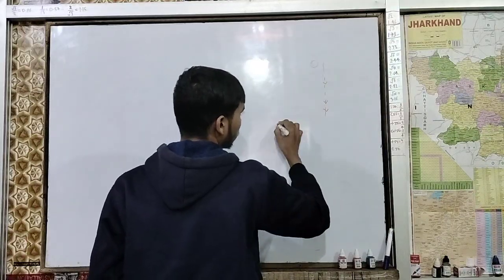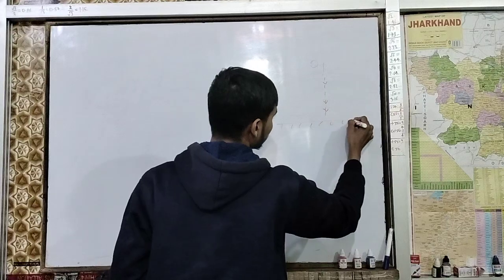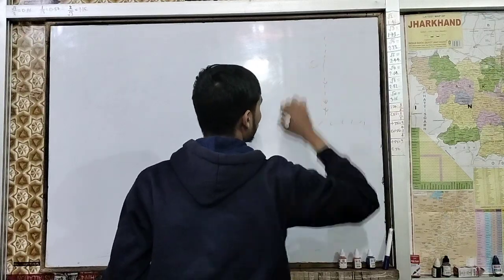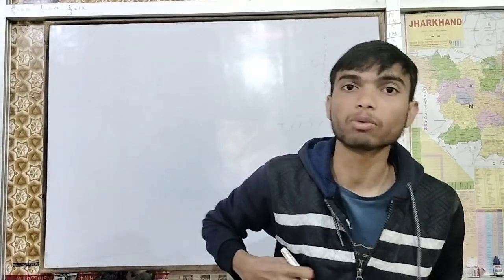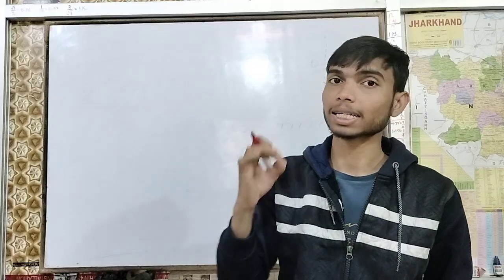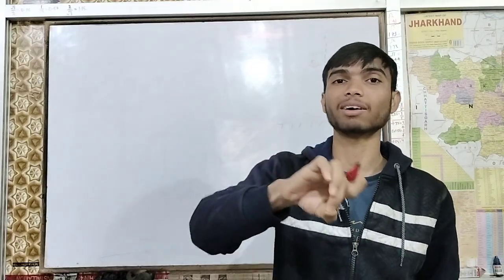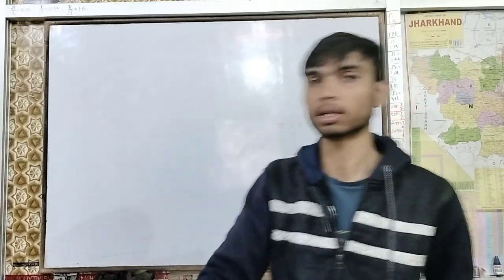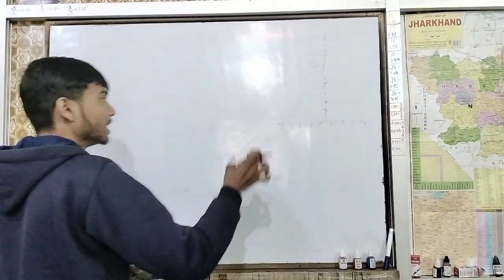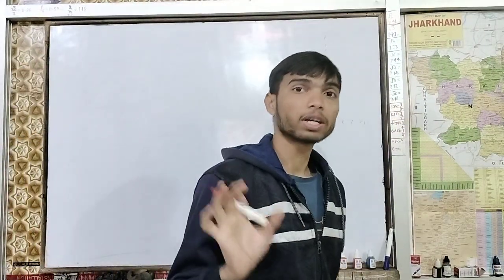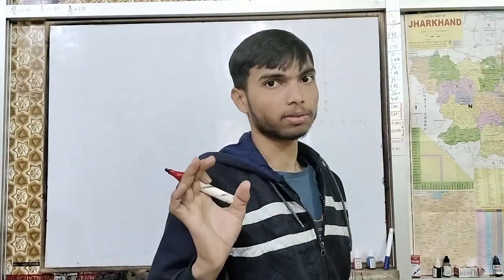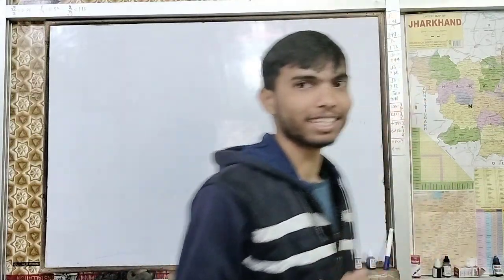The question is what will be the work done by gravitational force. Here you can see there is motion of a ball under gravity. So our question will be: work done by gravity.